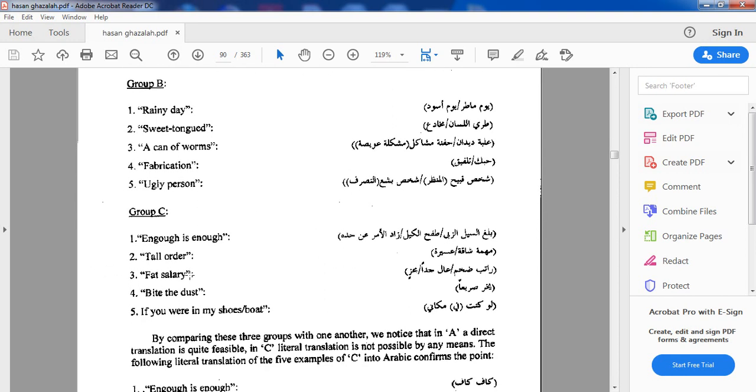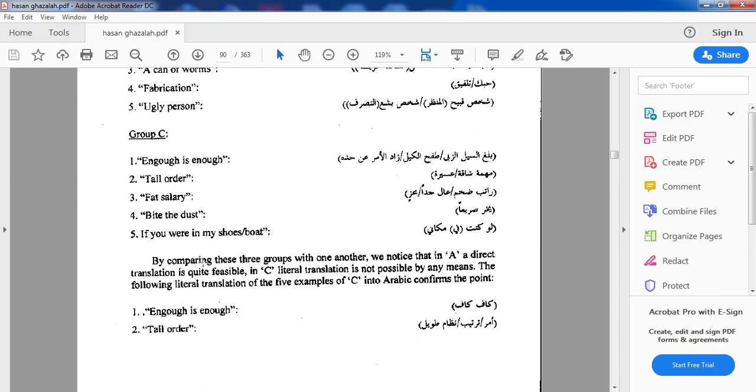As the note here says, by comparing these three groups with one another, we notice that direct translation is quite feasible. Direct, or sometimes literal translation, yes, it is acceptable. In group C, the last group, literal translation is not possible.